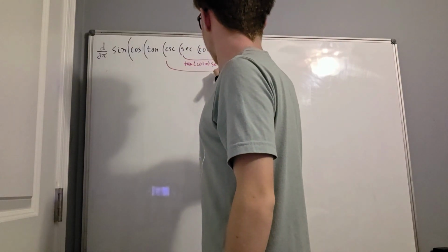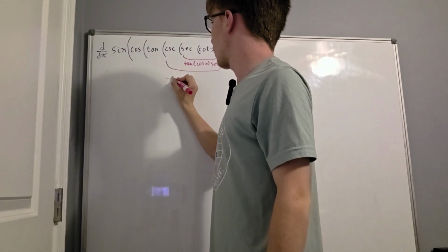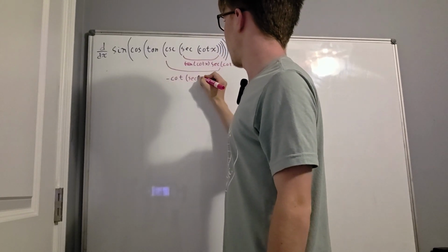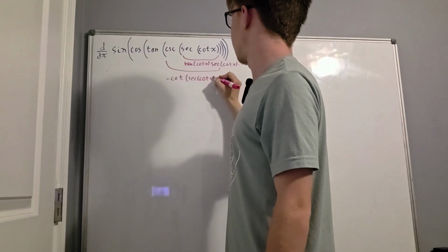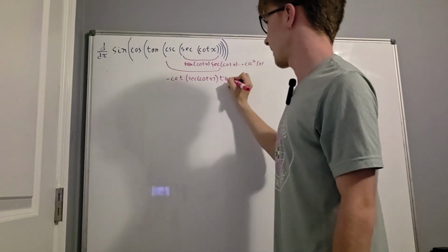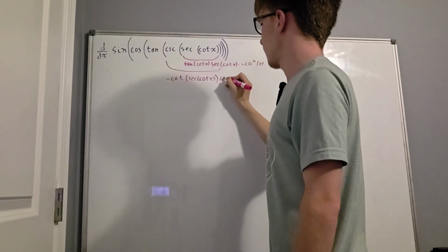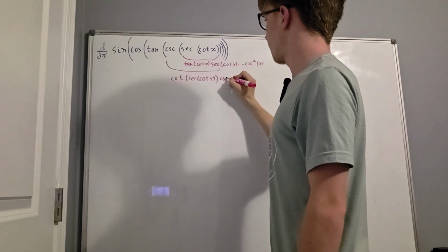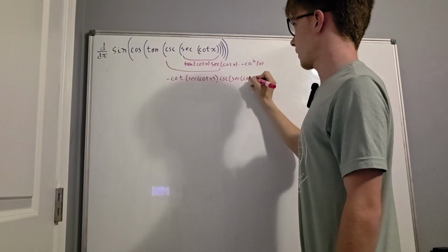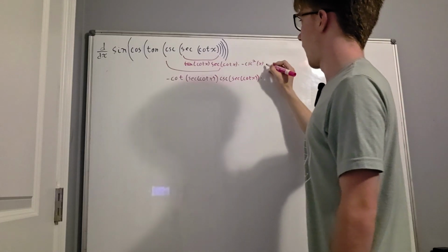So I'm just going to go right here, and we're going to go negative cotangent of secant of cotangent of x, tangent of cosecant right here, cosecant of secant of cotangent of x again, times this.